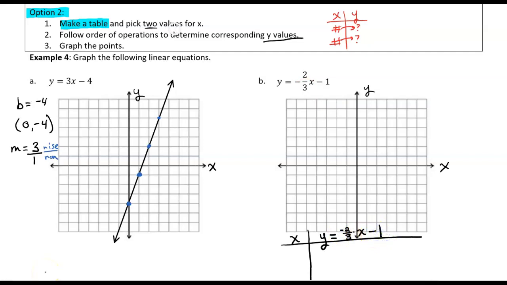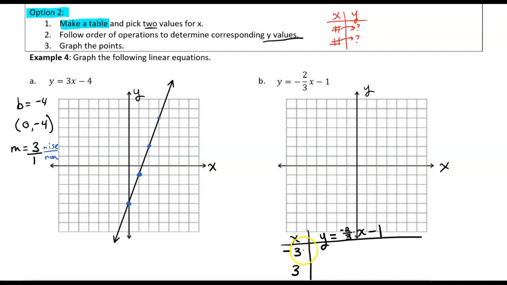So we made our table. We're going to pick 2 values for x. I could pick more, but 2 is all I really need. Now, considering my fraction, I'm going to be a little bit strategic in the x value that I choose. I'm going to go ahead and go with maybe a negative 3 and a positive 3, just to make the fraction calculation a little nicer.